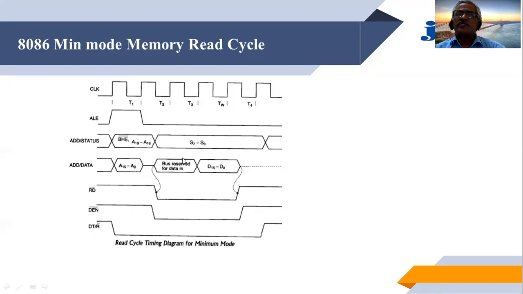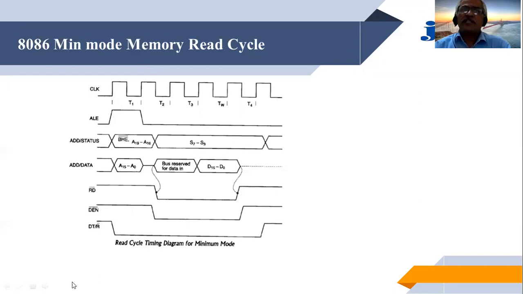Now some kind of decision has to be taken. The high order address is available here, and the low address A0 to A15 is also available after demultiplexing during T1. Now the processor generates DT/R bar depending upon whether it transmits or receives, and DEN so that the bidirectional buffers are activated.